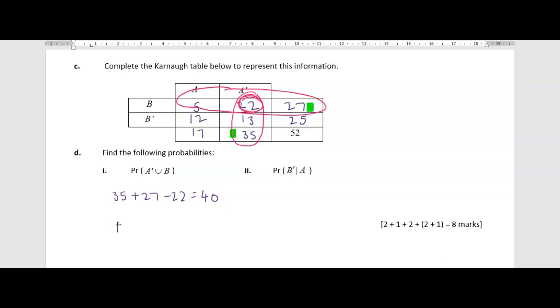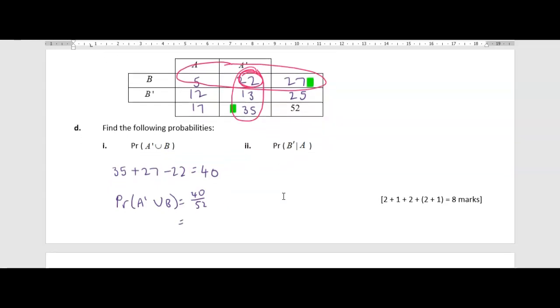So the probability of not A or B is 40 over 52, and we should simplify that. So that's going to be 20 over 26, 10 over 13.